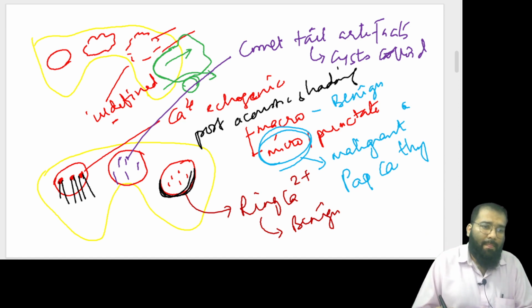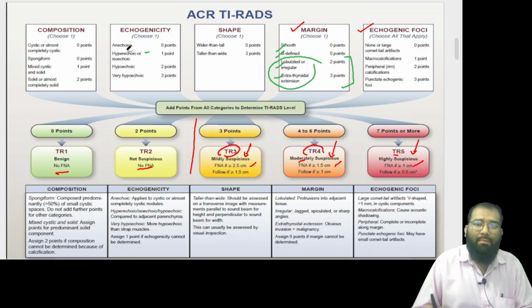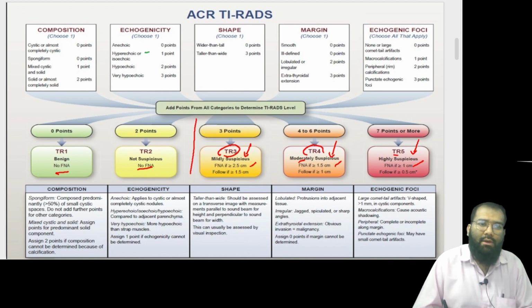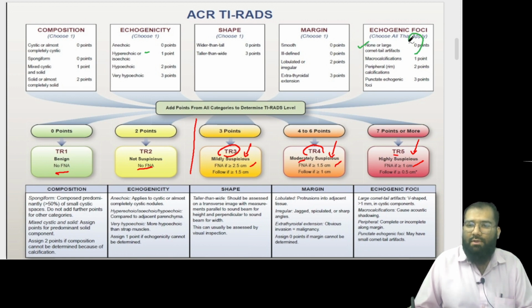Now, with this, let us move back to our chart. So, when it comes to margins, you have seen the margins, we come to echogenic foci. In echogenic foci, you have absence, that is no echogenic foci, so you give 0 points. If you have comet tail artifacts, also 0 points because it's seen in cysts. Both of these are 0 points.